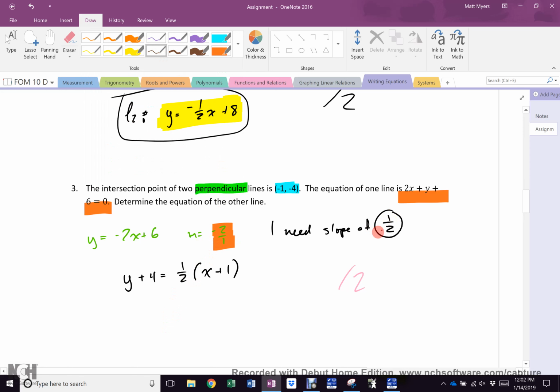That got me my new slope. And I knew it went through that point. So since I had a slope and a point, I could put it in point-slope form, remembering that point-slope form is y minus y1. So when I put that y1 in here, I get y minus minus 4, which is, of course, y plus 4. Also out of 2. Any questions for number 3?